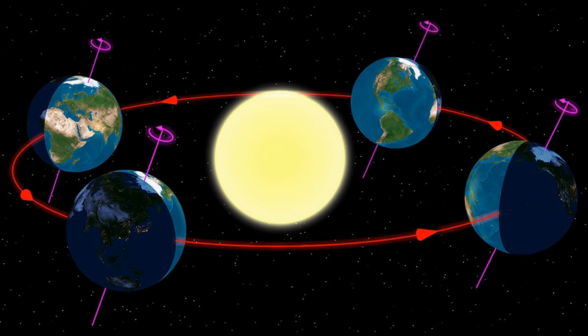So as it revolves around the sun, and they haven't shown the other planets revolving around the sun, just for clarity, I suppose, either the northern hemisphere or the southern hemisphere is going to be closest to the sun and get the greatest area of sunlight, apart from at the equinoxes, when both hemispheres are illuminated equally.